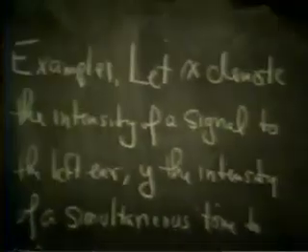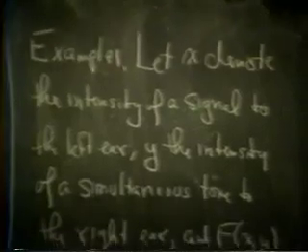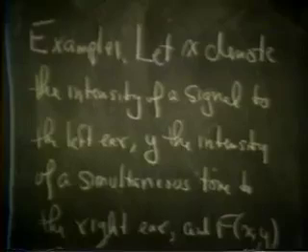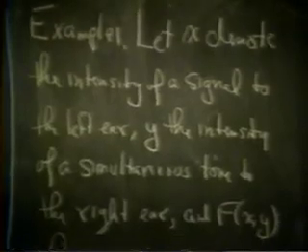First example, let us denote by X, a real number, the intensity of a signal that is being presented to the left ear, and Y, the intensity of a simultaneous signal or tone to the right ear.